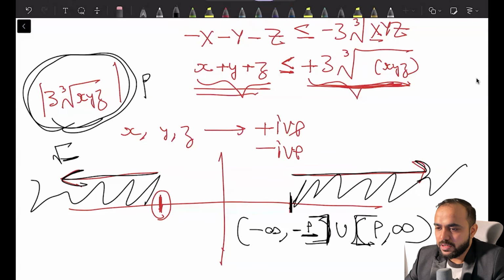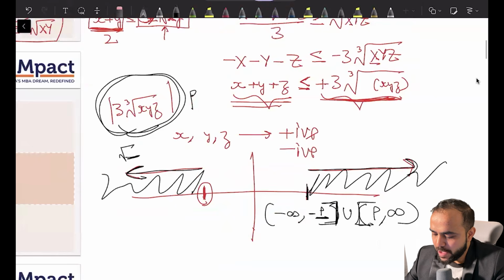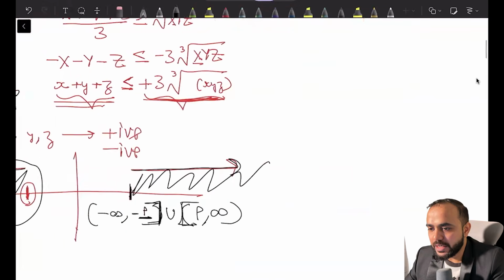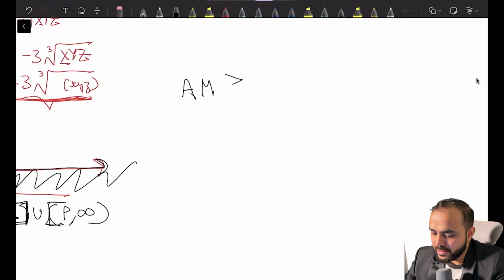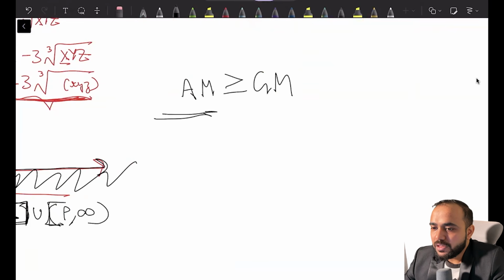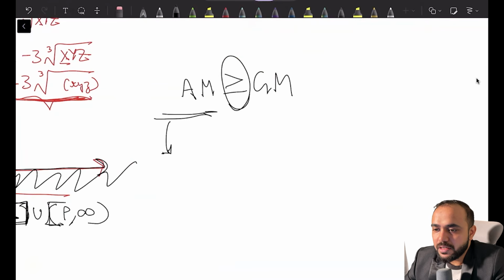In this situation, you don't really have to memorize this argument. You only need to know that AM is greater than or equal to GM when all numbers are positive. If the numbers are not positive, you can always convert them to positive numbers, right? In the way that I did. I took the negative counterparts as the variable, then applied AMGM, and then multiplied with -1 sign, flipped the inequality sign, and got the result in my initially given variables.